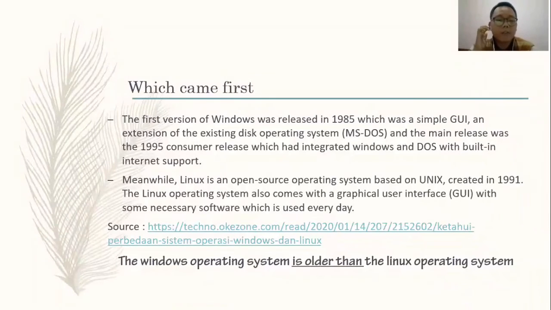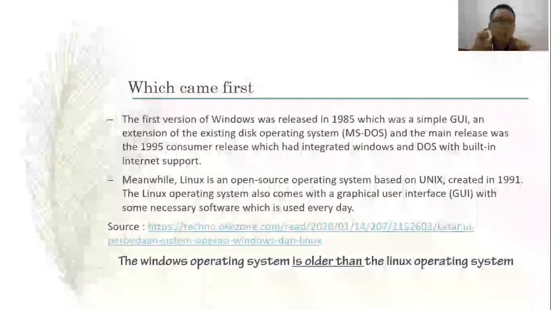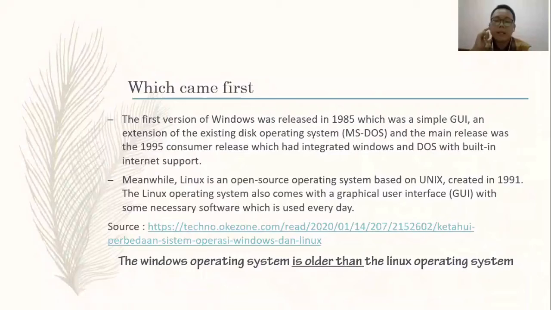Next. Which came first? The first version of Windows was released in 1985, which was a simple GUI, an extension of the existing disk operating system. And the main release was the 1995 consumer release, which had integrated Windows and DOS with built-in internet support.